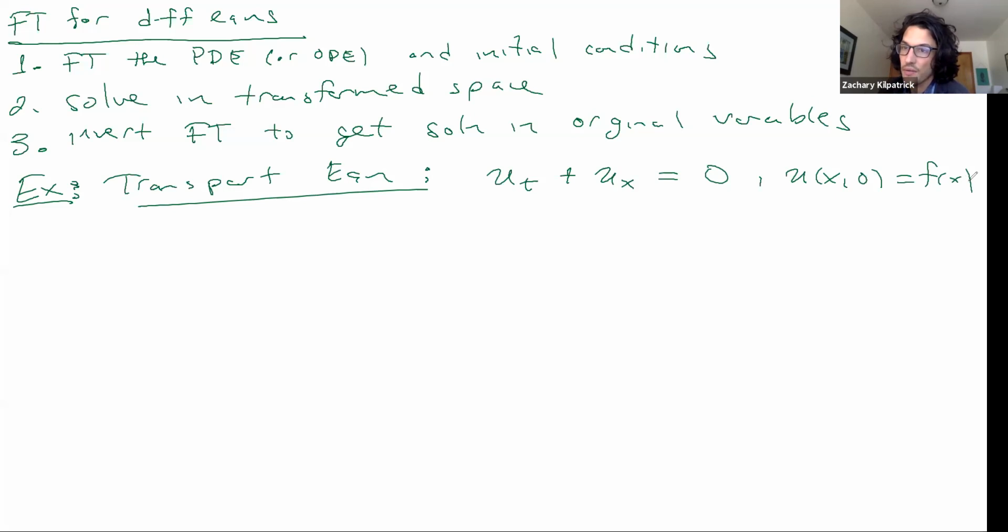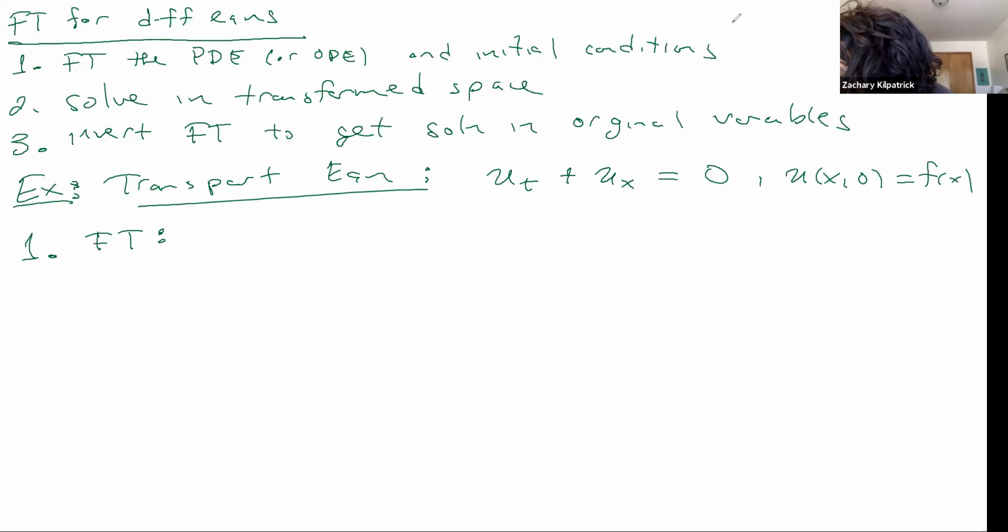Now we've already worked out the solution to the transport equation before, but let's at least see what that process would look like in the case of Fourier transforms.